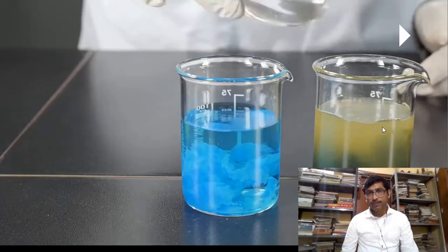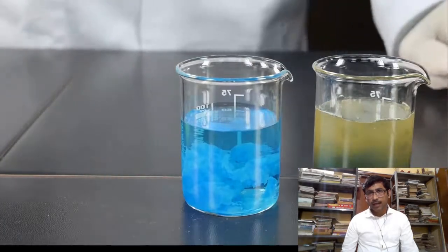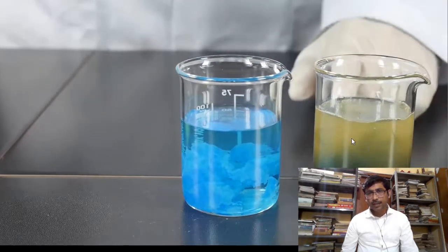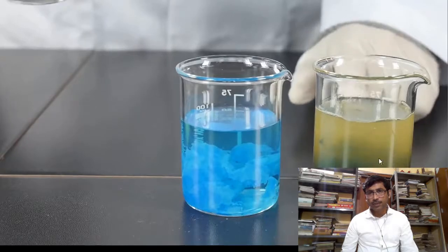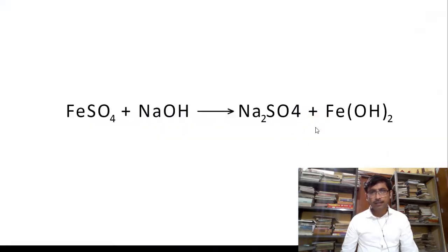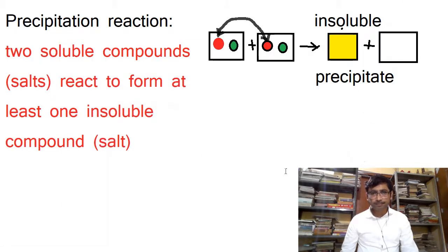So sodium hydroxide in iron sulfate, the reaction is there will be formation of sodium sulfate and iron hydroxide, Fe(OH)2. This one is insoluble, and so this settles down as a precipitate. This one is black in color, so we get a black precipitate. So these are two examples. We have some more examples to show.